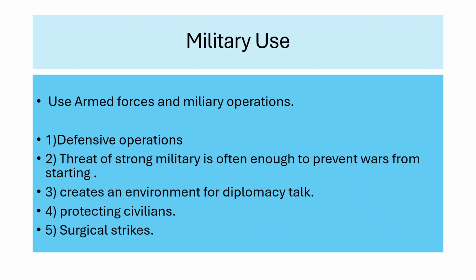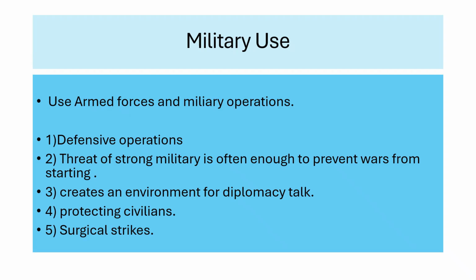The constitution of NATO says that if anyone attacks a country, then all the member countries will together attack. So what NATO wants to show is a threat of strong military, because 30 countries are going to attack.